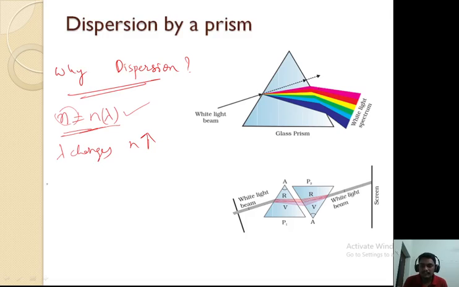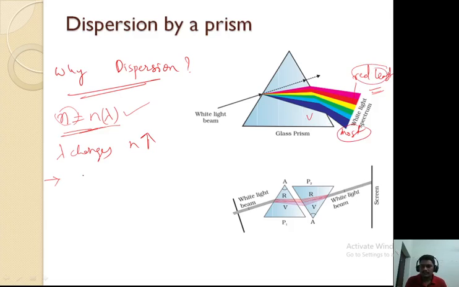Here you can see the figure. This is violet. Violet bends most, and red bends least. So this prism is offering a higher refractive index for violet and a lower refractive index for red.